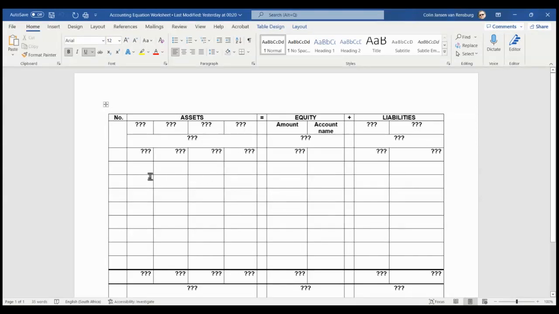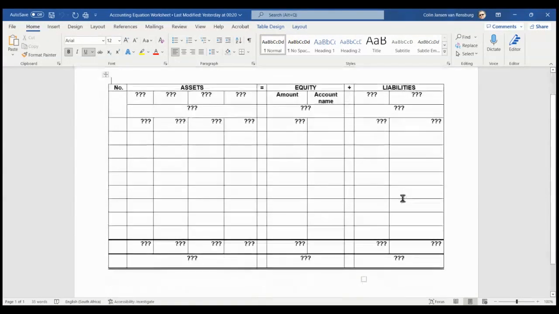Okay, so here, if your assets increase, we will indicate it here as a positive. If your assets decrease, we will indicate it here as a minus. If your liabilities increase on your credit side here, we'll show it as a positive figure. If your liabilities decrease because we are repaying them or we've paid a creditor, then we are going to show it as a minus, as a negative figure.